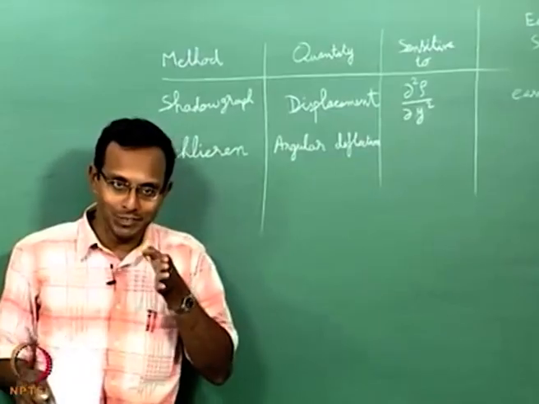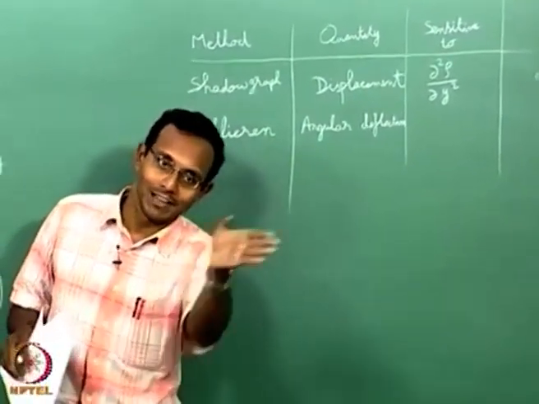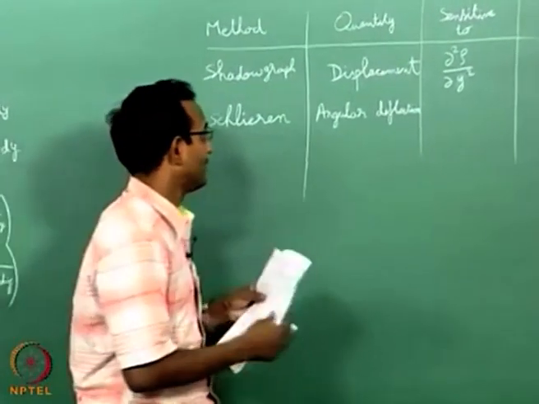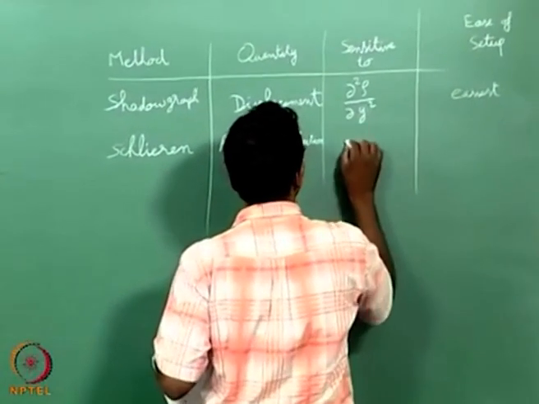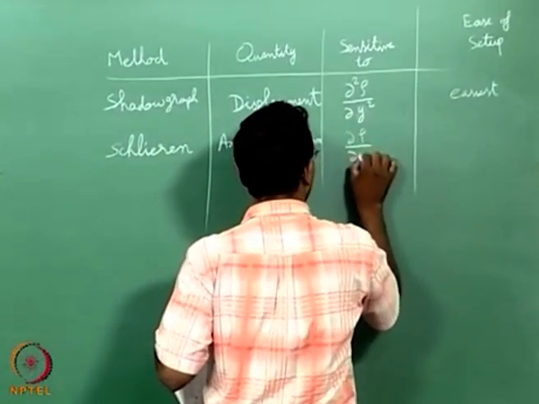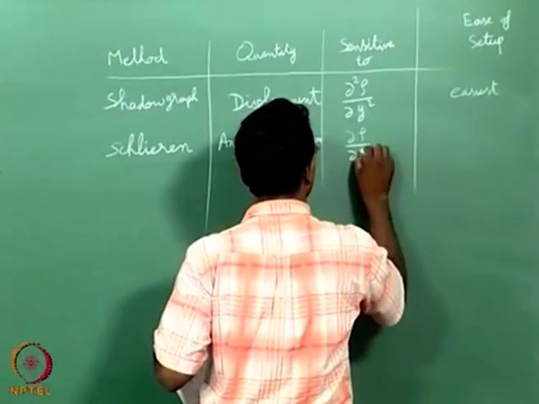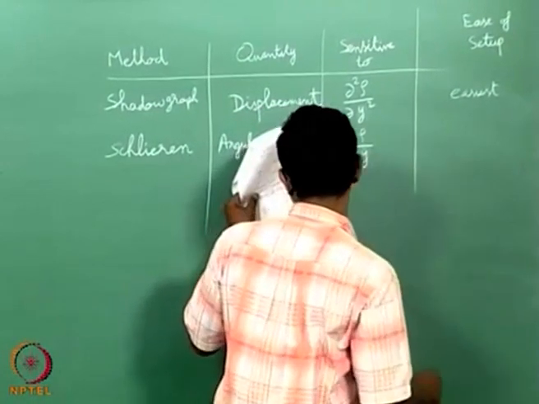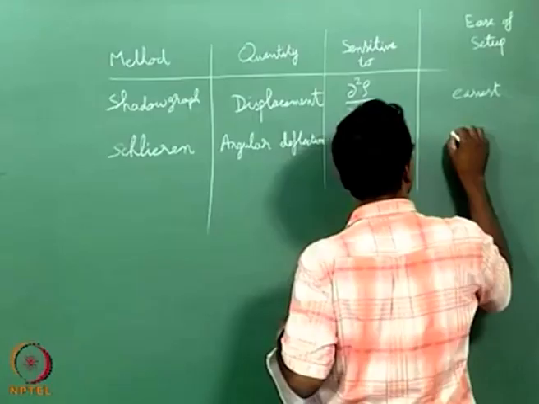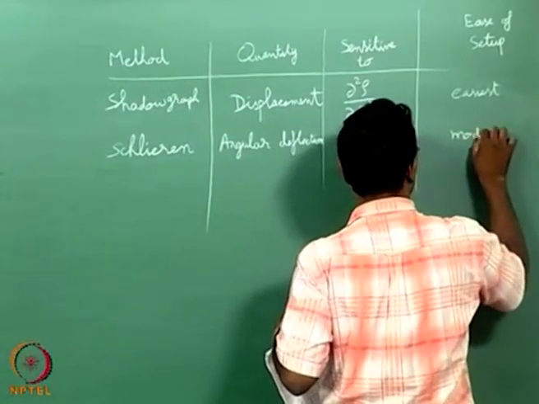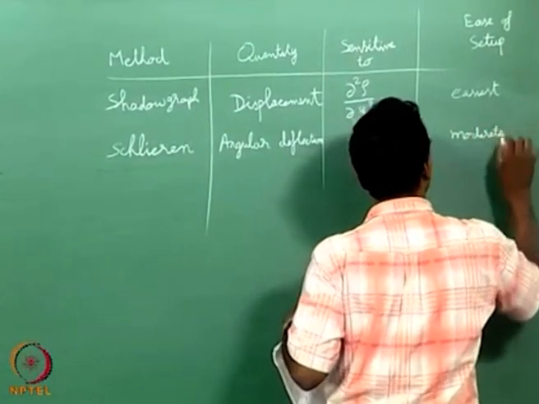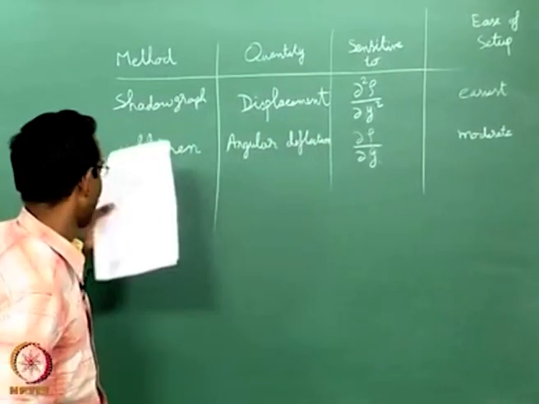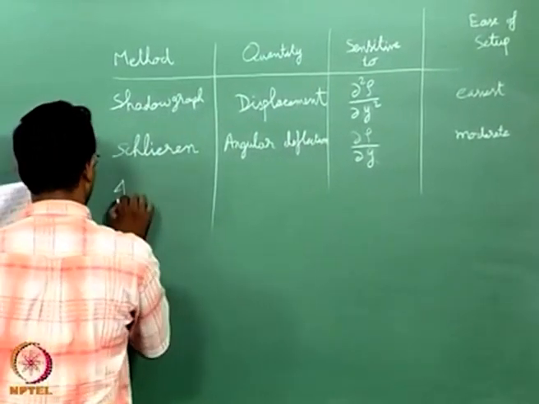Instead of the light ray coming straight away from the board, it is now going at an angle from that original direction. That is what this tracks, and it is sensitive to the first derivative of density perpendicular to the light propagation direction, and this is just moderately difficult. First one is very easy, second one is moderate, that means the third one is tough.